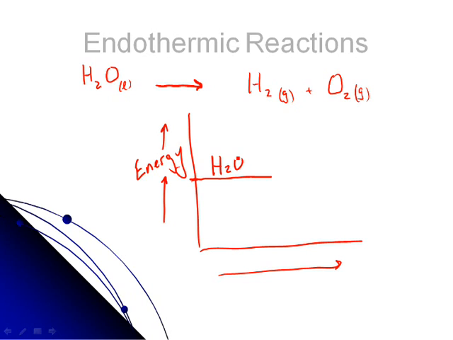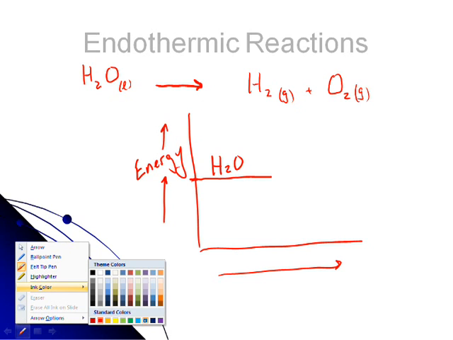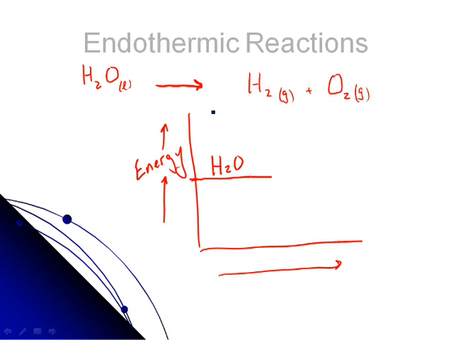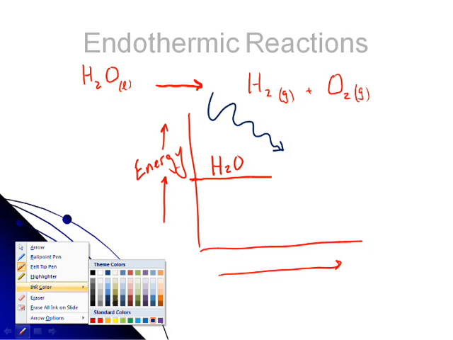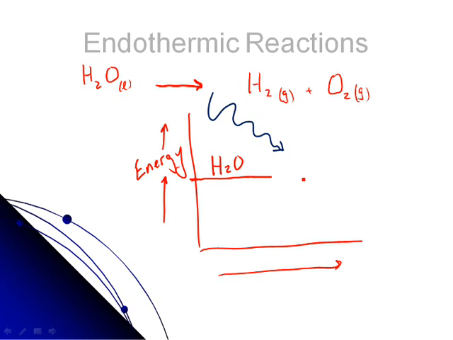Now, what do we do to make this reaction go forward? Well, to make this reaction go forward, we have to bring energy from somewhere out in the surroundings, and we have to put energy into the system. Now, the amount of energy that goes in, we can indicate because we see that after the reaction, the products are at some higher level of energy.